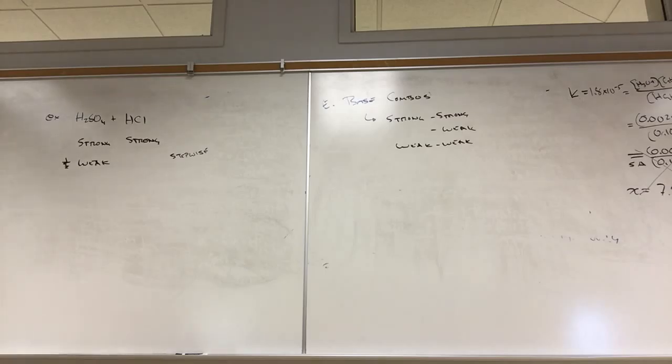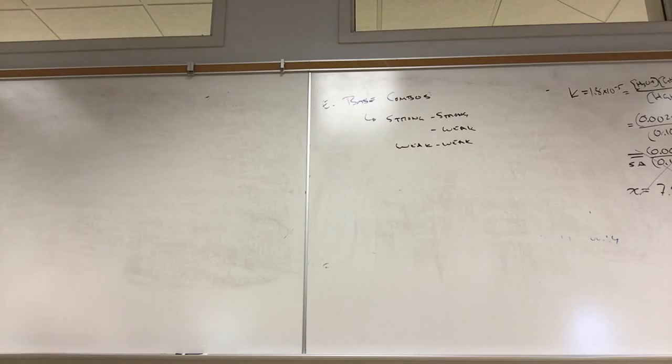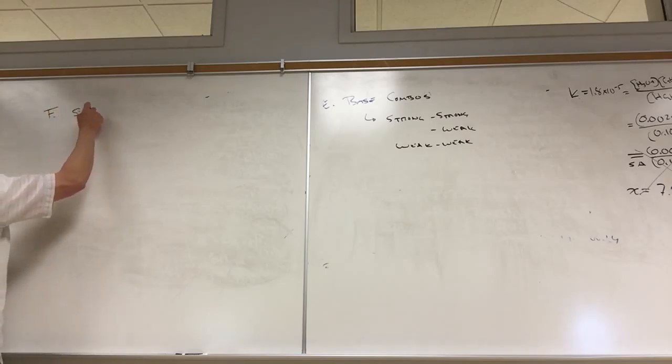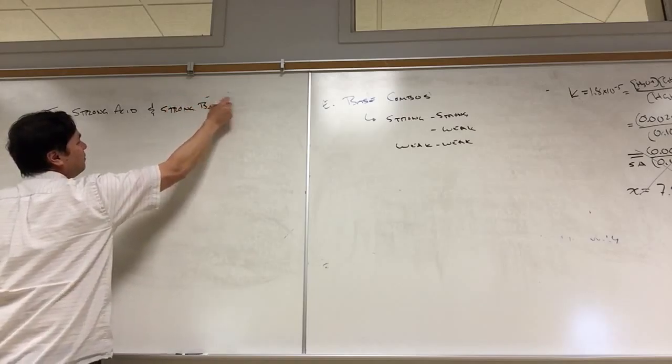Okay. All right, so the next type of mixture, and these aren't in any particular order. In fact, I mixed them up. But the next type of mixture is going to be a strong acid, strong base mix.